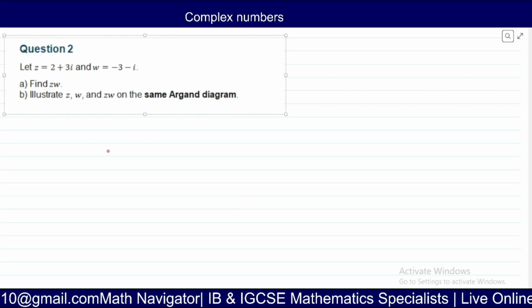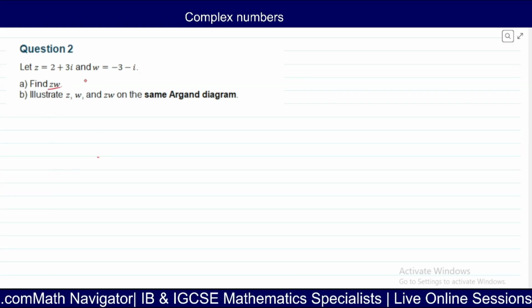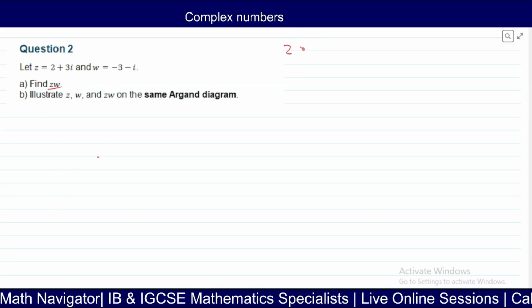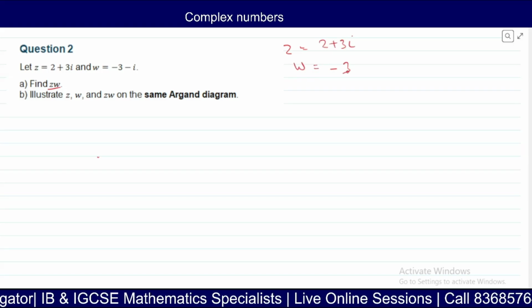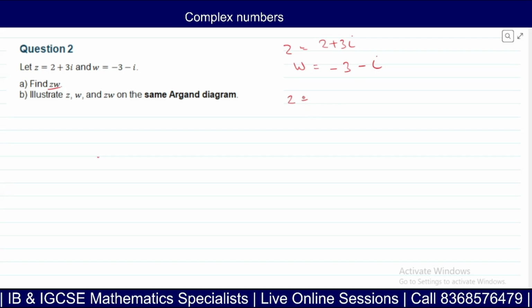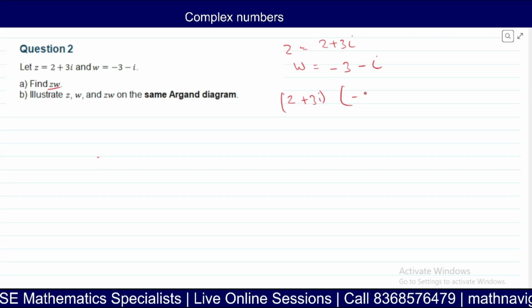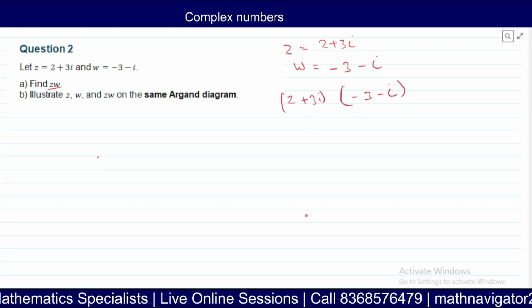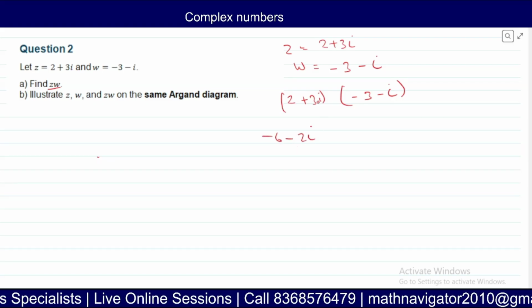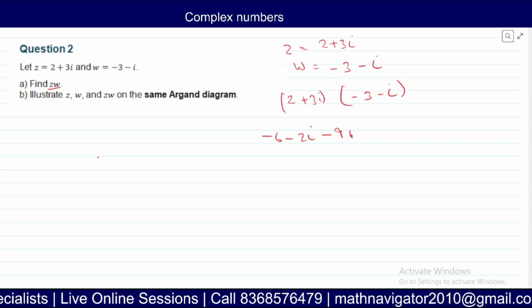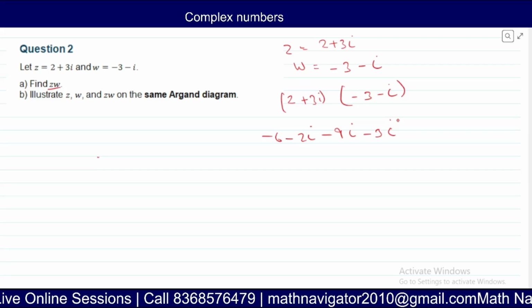So let's say z is equal to 2 plus 3i and w is equal to minus 3 minus i. Find zw. This is very simple. Multiplying 2 plus 3i times minus 3 minus i, which will give me minus 6 minus 2i minus 9i and minus 3i squared.